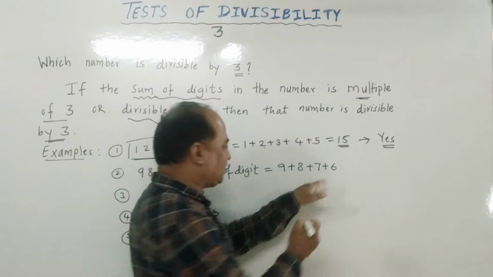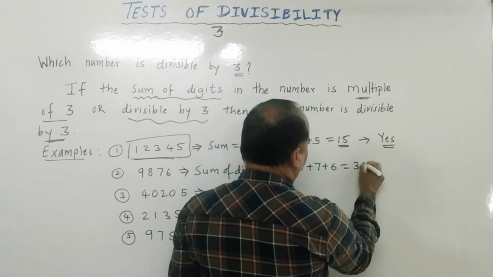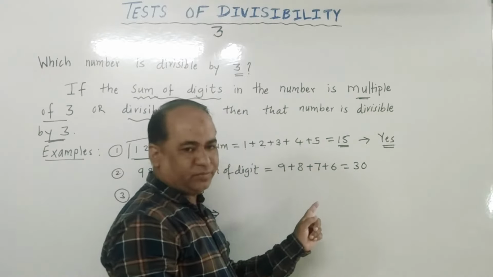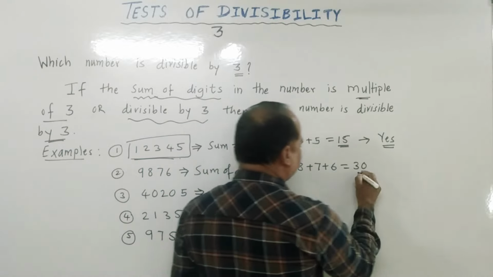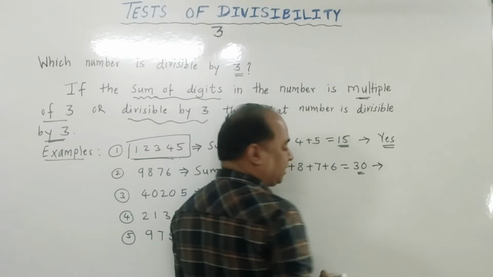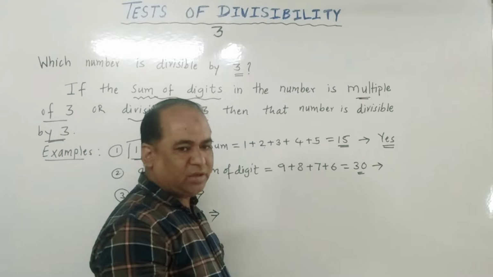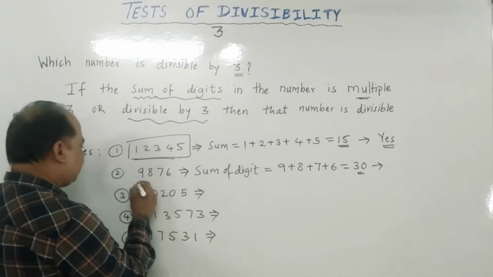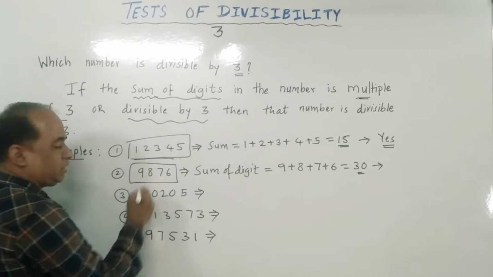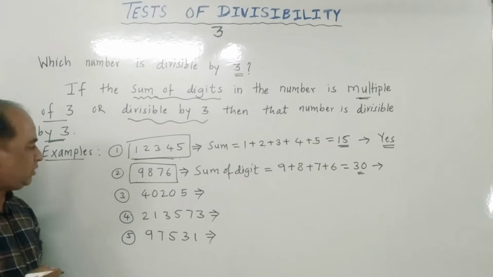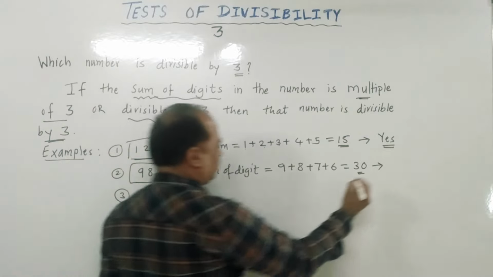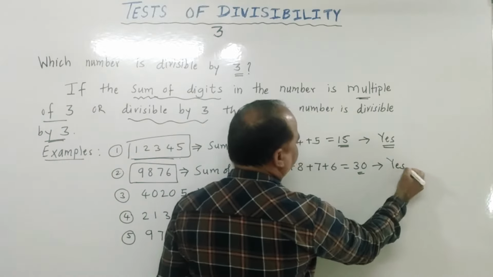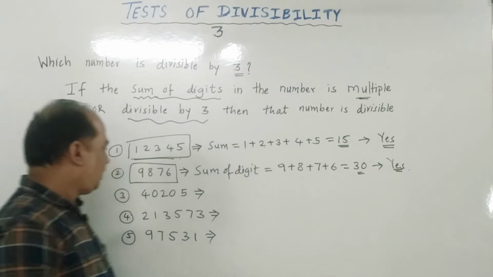And 24 plus 6 is 30. Is 30 a multiple of 3? Yes, it is a multiple of 3. So this 30 is divisible by 3. Then this number 9876 is also divisible by 3.